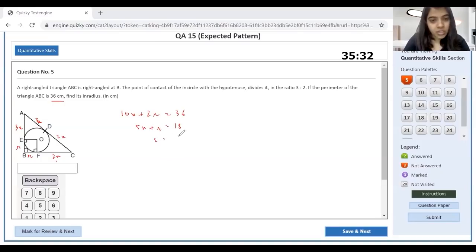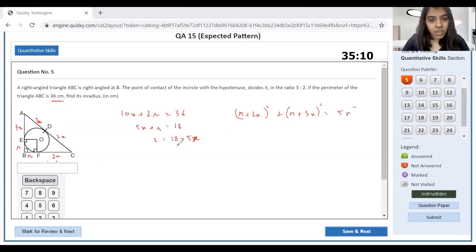Let's just assume r is 18 minus 5x. Another property that we know about right angle triangles is the Pythagoras theorem. So we have (r plus 2x) whole squared plus (r plus 3x) whole squared is equal to (5x) whole squared.